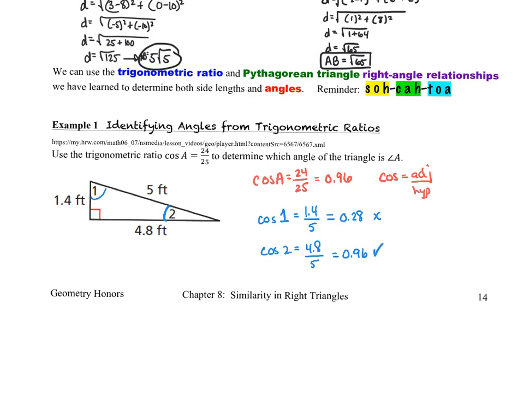So this one worked. So therefore, angle A is equal to angle 2 because cosine of A, that 0.96, was equal to cosine of 2.